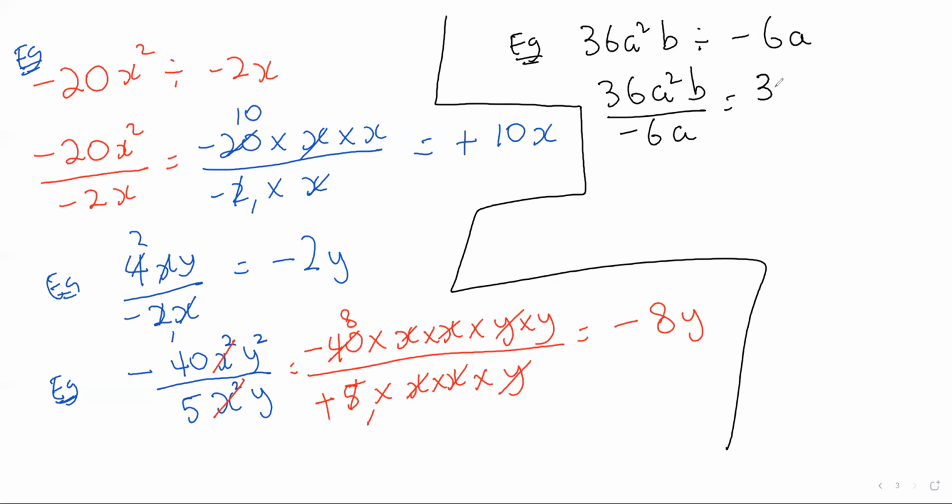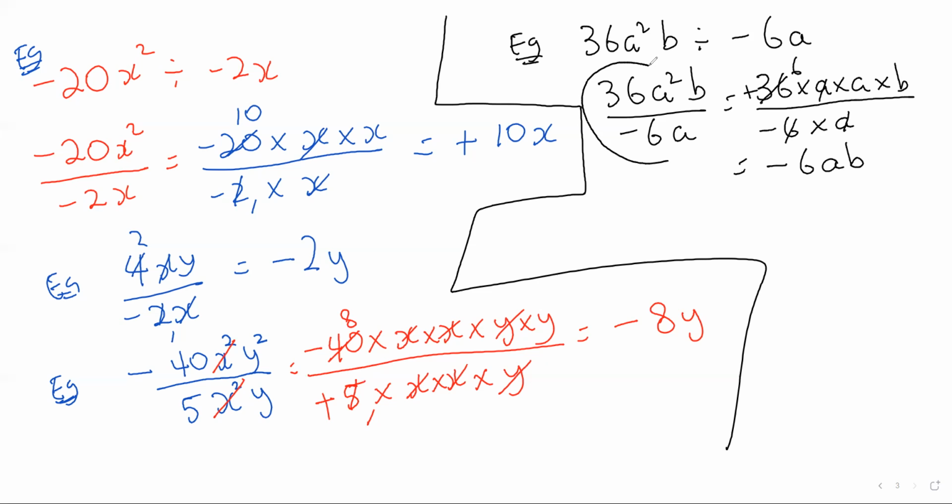So the numerator is 36 by a by a by b divided by minus 6 by a. You can clearly see what is cancelling off here, right? The signs first. Positive over negative is negative. 6 into 36 is 6. One a cancels off with the a, so we remain with a by b in the numerator, which is ab. So minus 6ab, right?